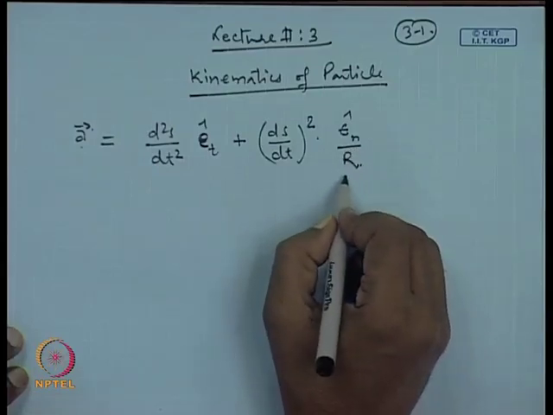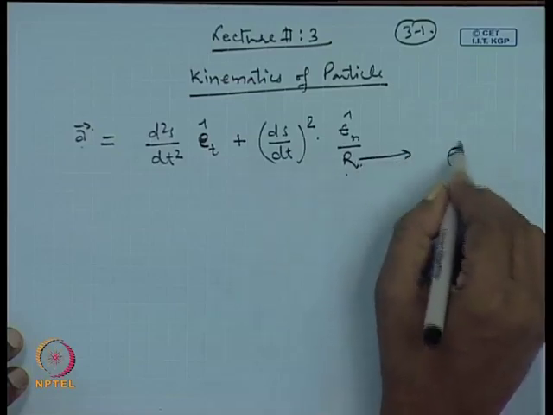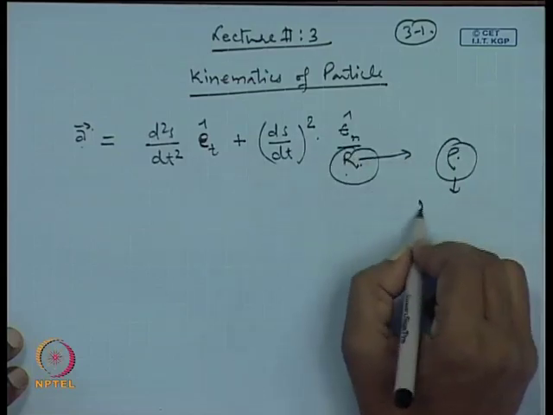Where r, or perhaps rho, whatever we have taken, is nothing but the radius of curvature.